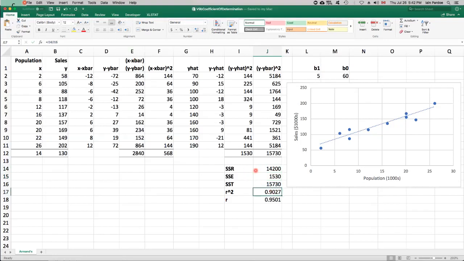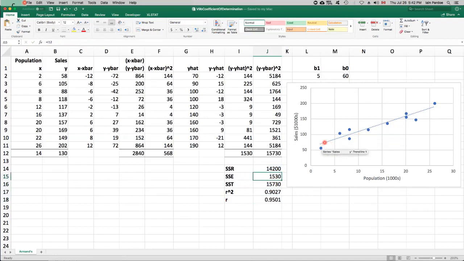And R squared is calculated as the ratio of the sum of squares due to regression over the total sum of squares. And the idea is, let's imagine that the sum of squared errors was 0. What would it mean for the sum of squared errors to be 0?